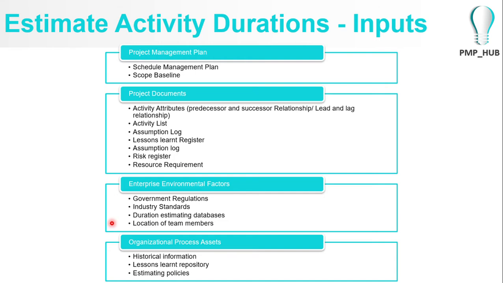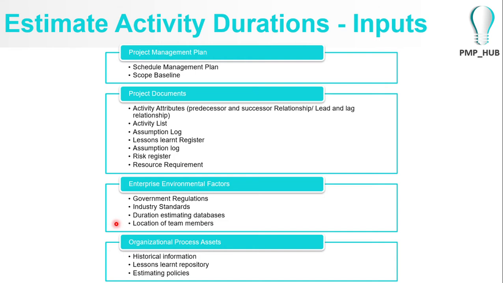And also, location of your team members is an important factor, because maybe you are a part of a global company and you may have to access your resources worldwide to complete your project.